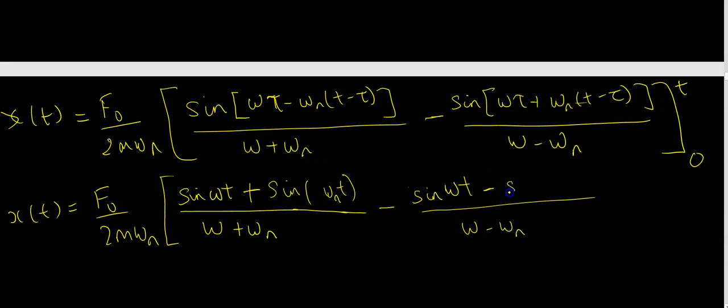So you just end up with sine omega n t. And I've put this one in brackets, but really all of them should be in brackets, right? Now we'll close that off.